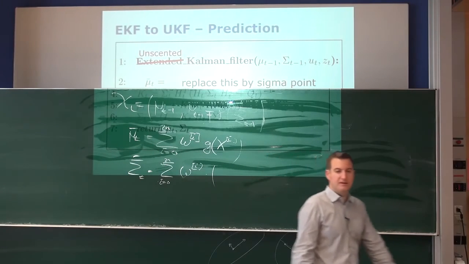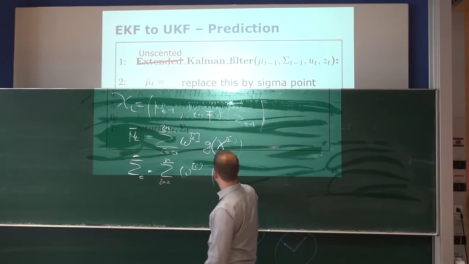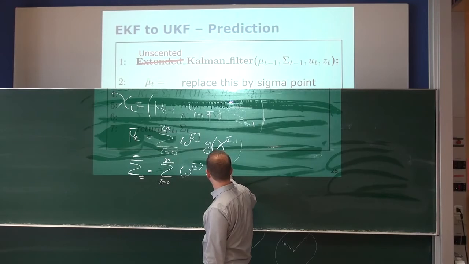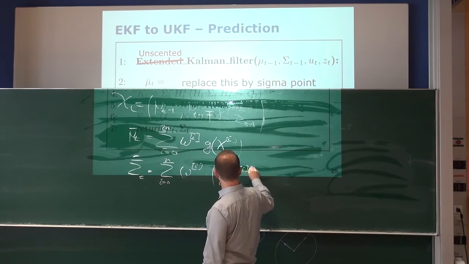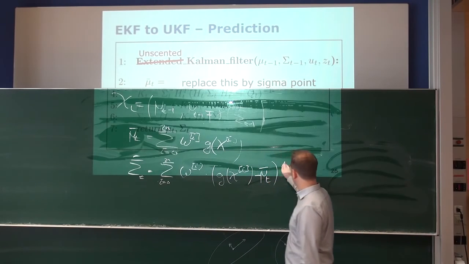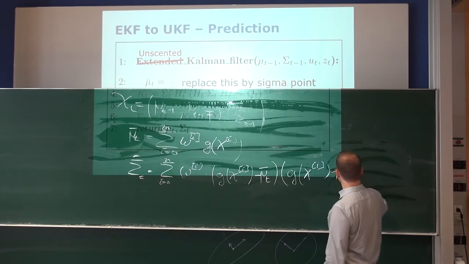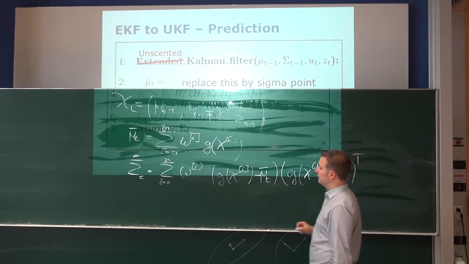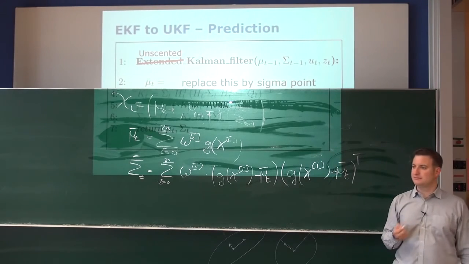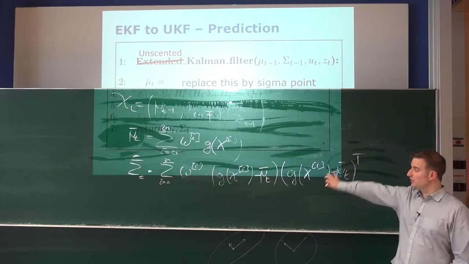How are we going to do that? Yeah, the point x_i minus the mean. It's a transformed point, the transformed point. All right, yeah, exactly. Minus the predicted mean, times that transposed. Transposed. Am I done? So that's what the unscented transform tells us.